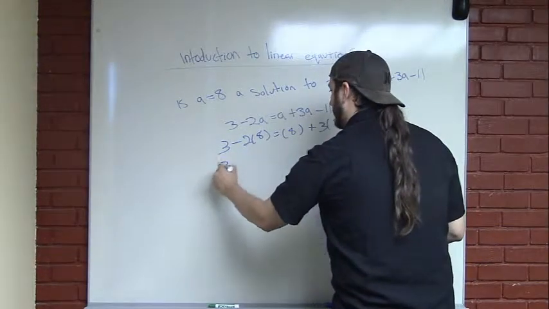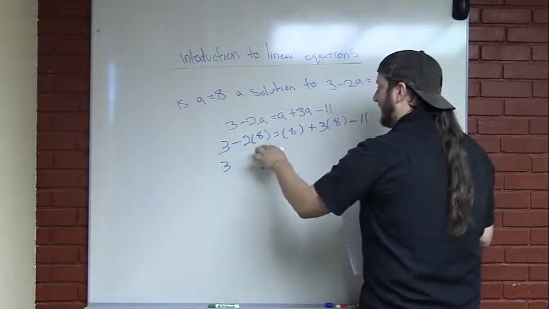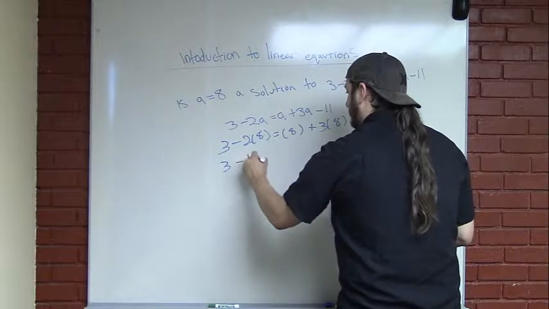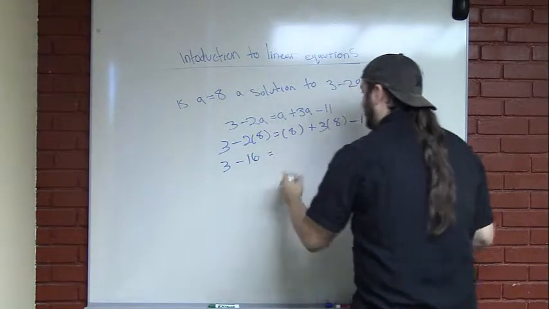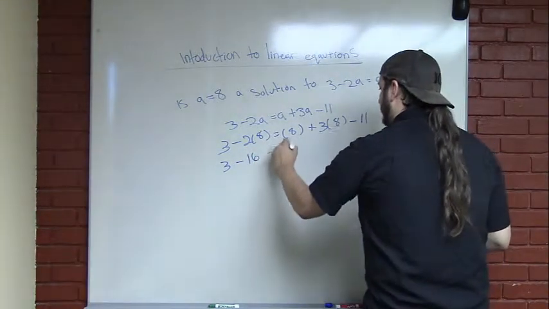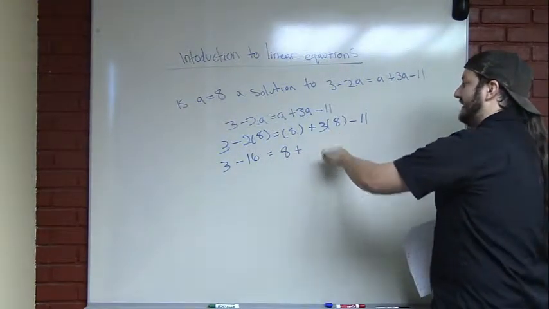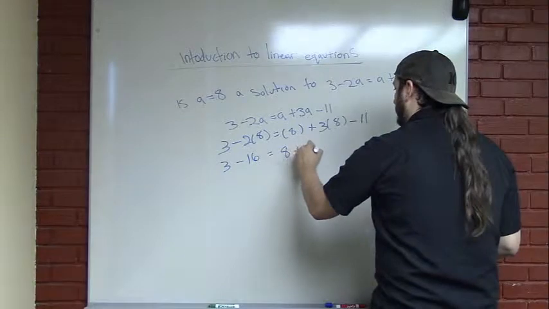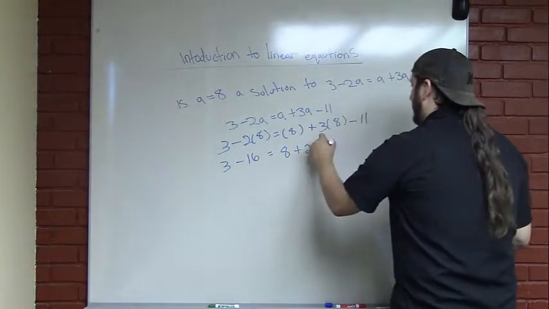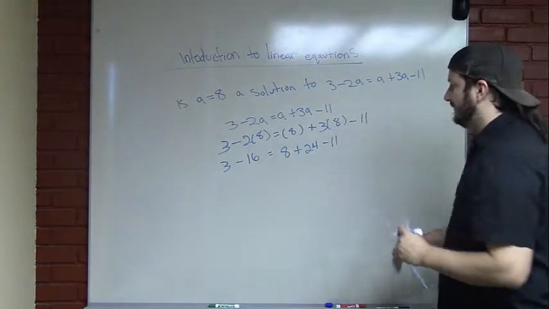So, negative 2 times 8 is negative 16, equals, we have 8 plus 3 times 8 is 24, minus 11, okay?